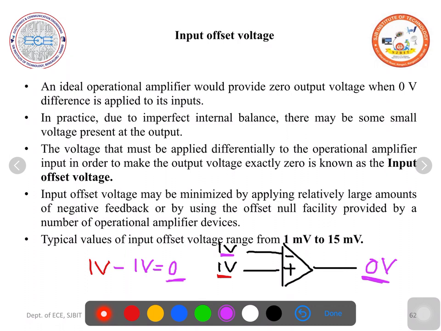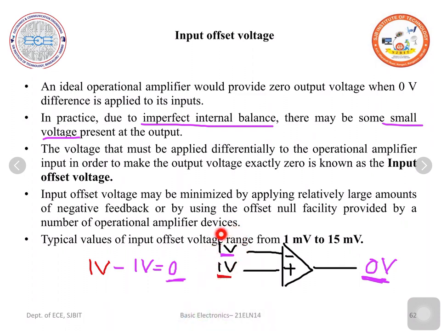So it should amplify this 0 volts, whether its gain is 100, 50, 1000 or infinity. If you amplify this, definitely you should get 0 ideally. But due to imperfect internal balance, you will always get a small voltage at the output. I repeat, an ideal operational amplifier would provide 0 output voltage when 0 difference is applied to its inputs.